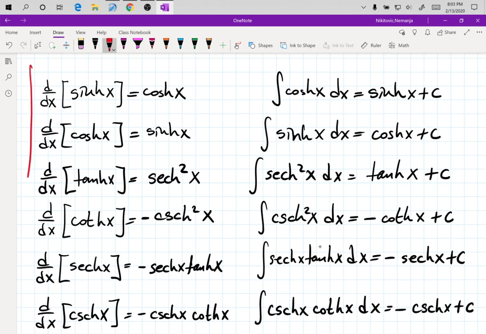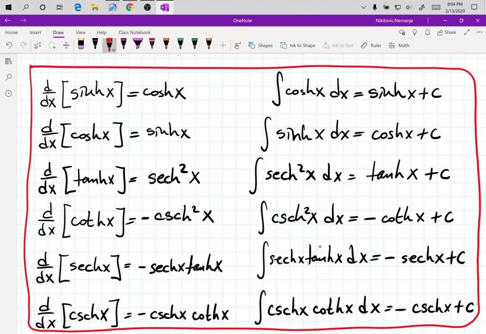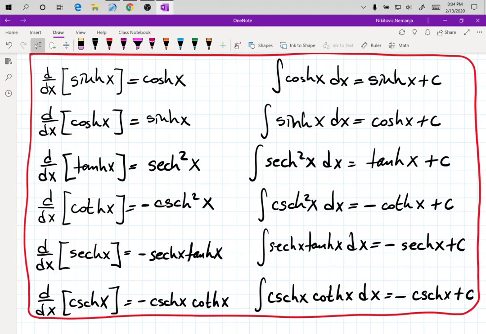And now we put the red box around this. These are your values. As you can see, apart from minus signs being off for two of the lines, the form of these formulas is identical to the form of trig, which is what you guys found in Calc 1.